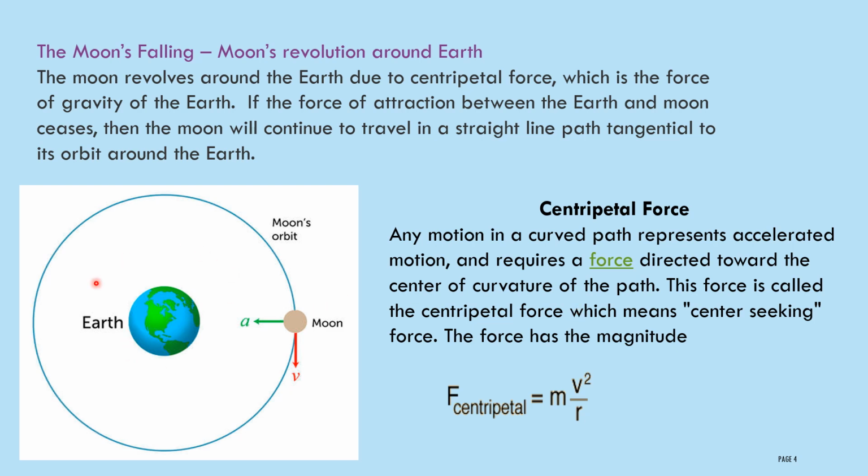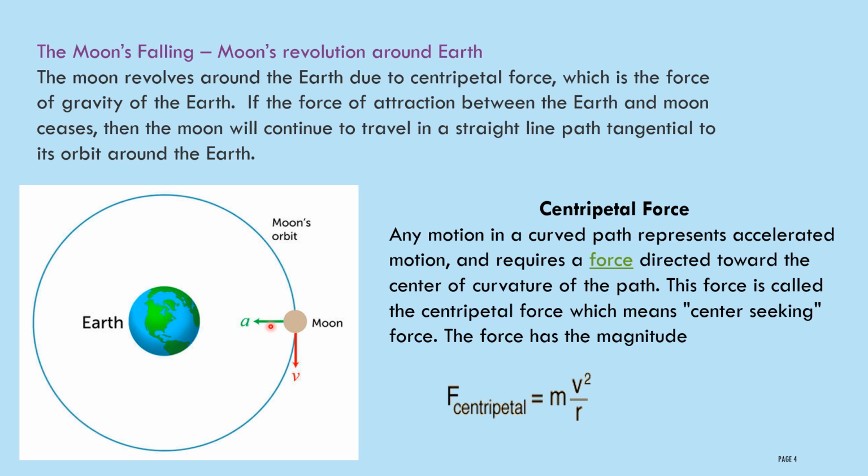When an object is moving in a circular path, that object is directed towards the center of the earth because the earth has gravitational force. Because of this force, the earth pulls every object towards itself. This force is called centripetal force, which means center seeking force. Therefore, the force has a magnitude, it has some value.